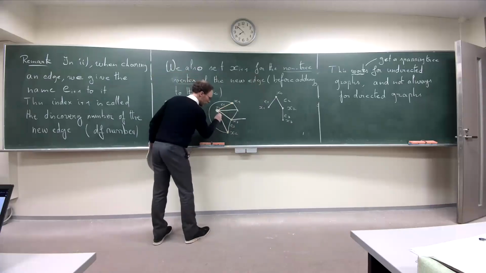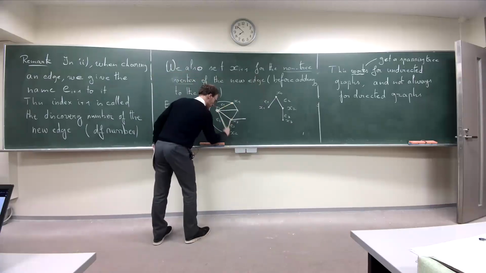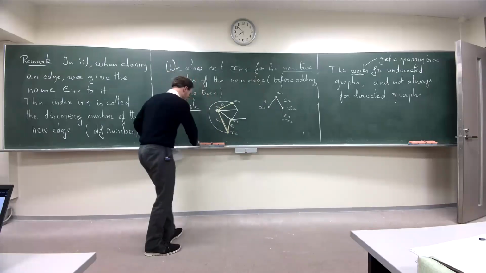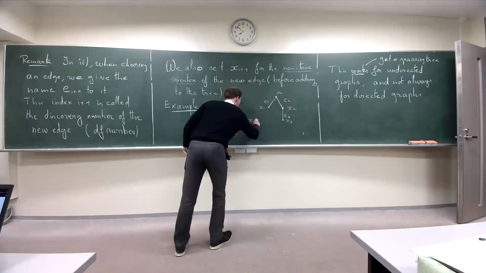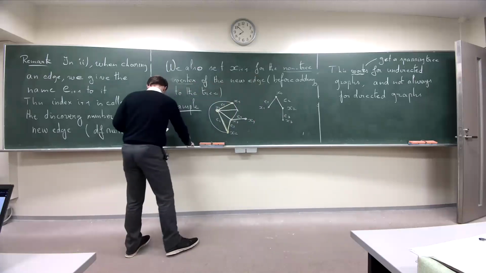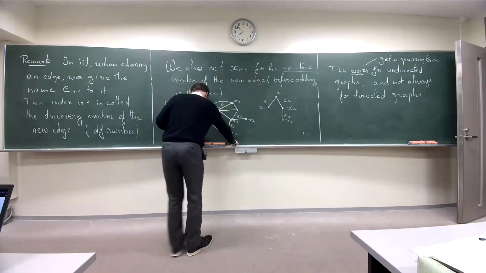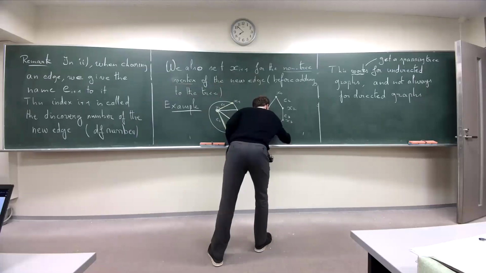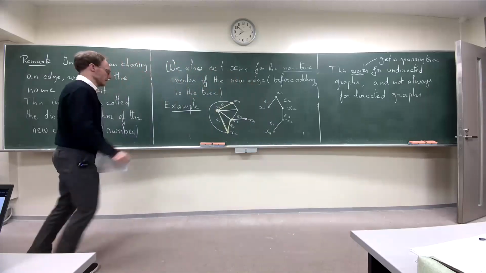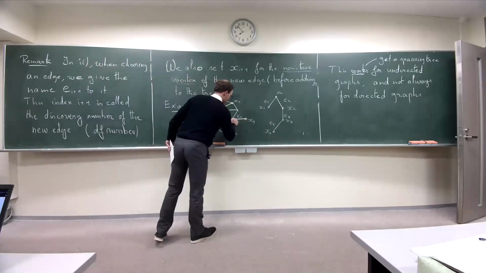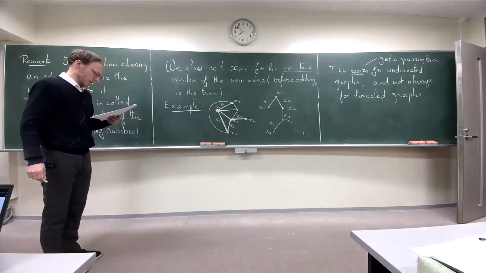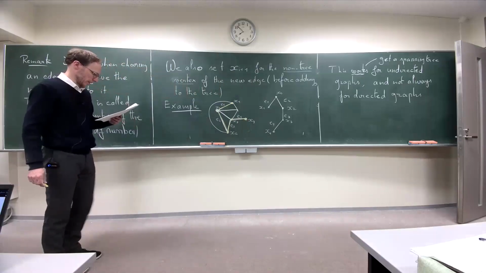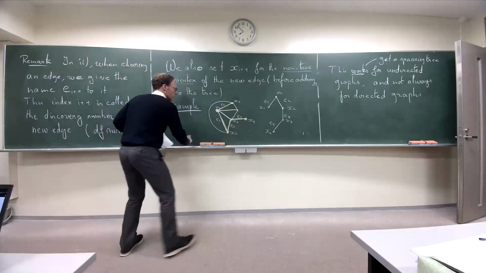This was E1, E2, E3. Now I need E4 first, and this is going to be X4. So this is E4 on X4. Okay, and it's here. And now I need number 5. Where is it? I'm going to choose this one.